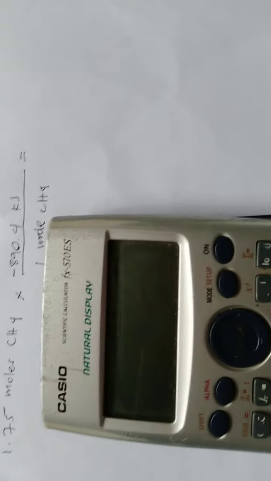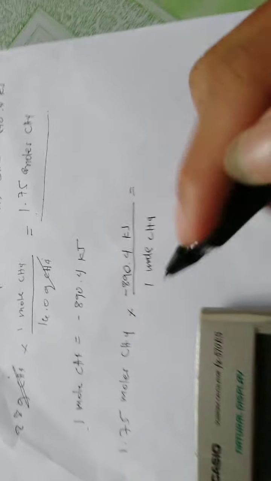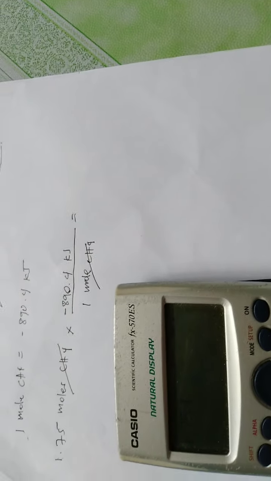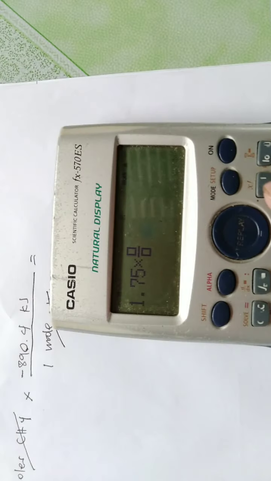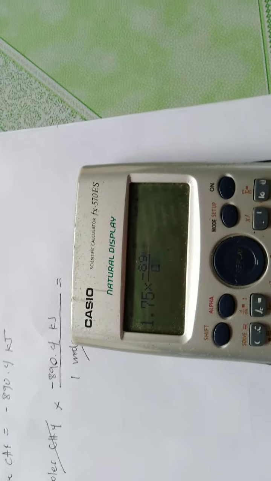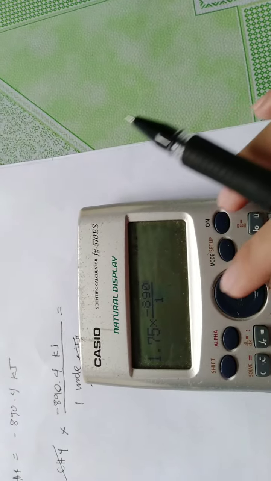Use the calculator: 1.75 times negative 890.4. Here the moles of CH4 cancel out.